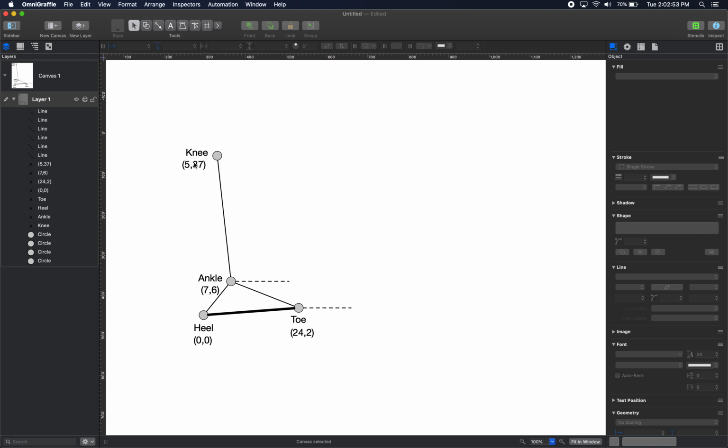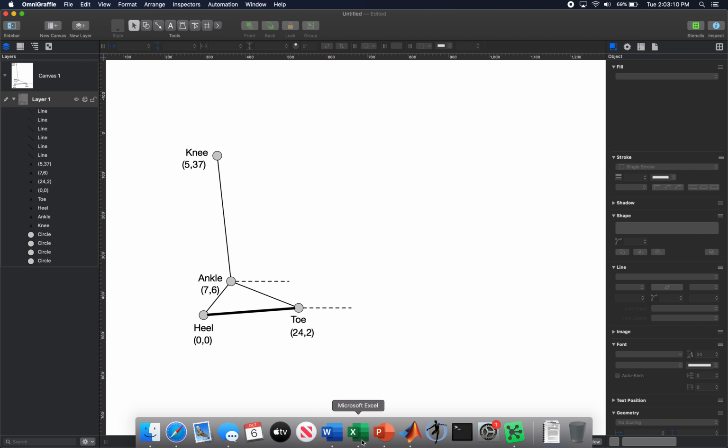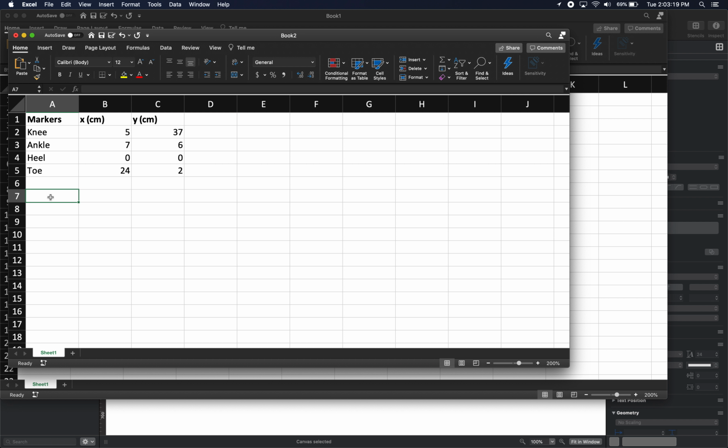Okay, notice I also gave you the coordinates for these markers, the data that you would have if you actually did an experiment and measured these coordinates. Each of these is the x, y position of these markers in the global reference frame here in the page of the screen. And so let's use those data to actually calculate the segment angles. I've got them here in Excel, the XY coordinates of each of those markers.